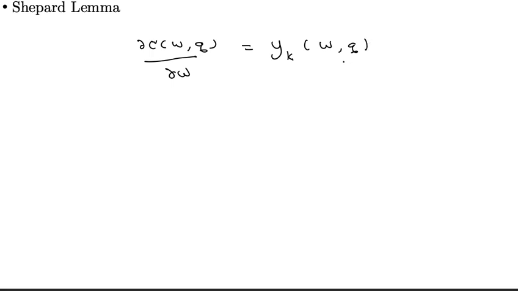So what it's trying to say is that the change in cost due to the change in input prices is actually the same as the amount of input demand. I'll give you a numerical example.